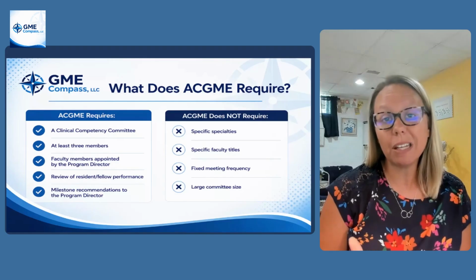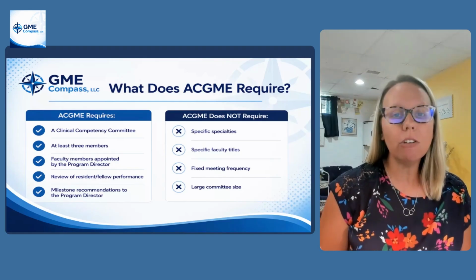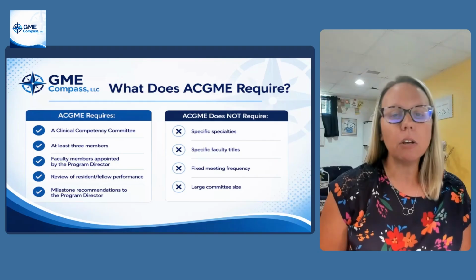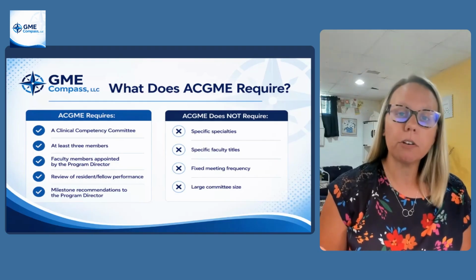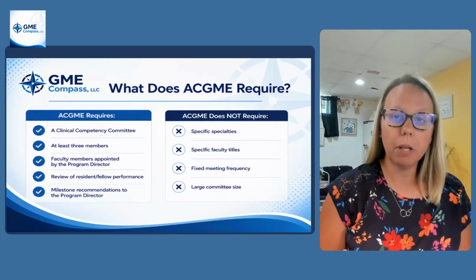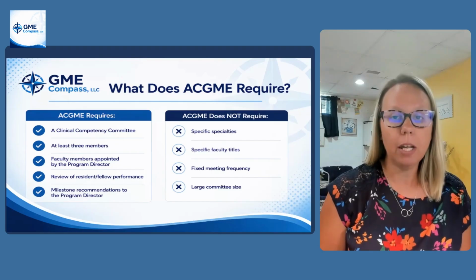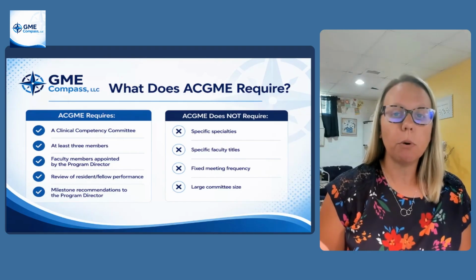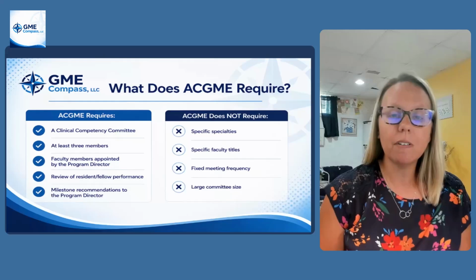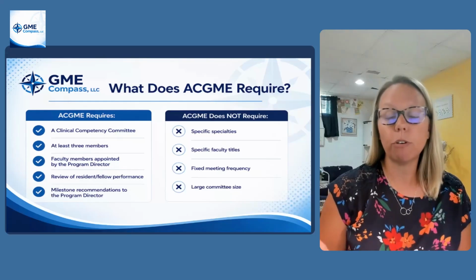Truthfully, that's really the foundation of it. What ACGME does not require is equally important. They don't require specific specialties on the committee, specific titles of faculty, fixed meeting frequency, or a large committee. That flexibility means programs have significant freedom to design a CCC that works for their unique environment.